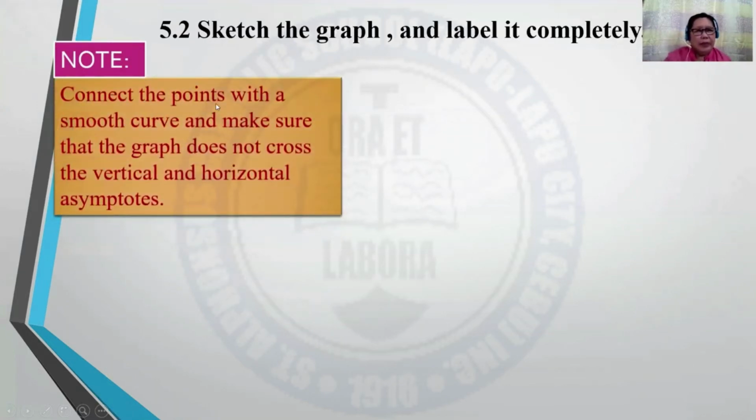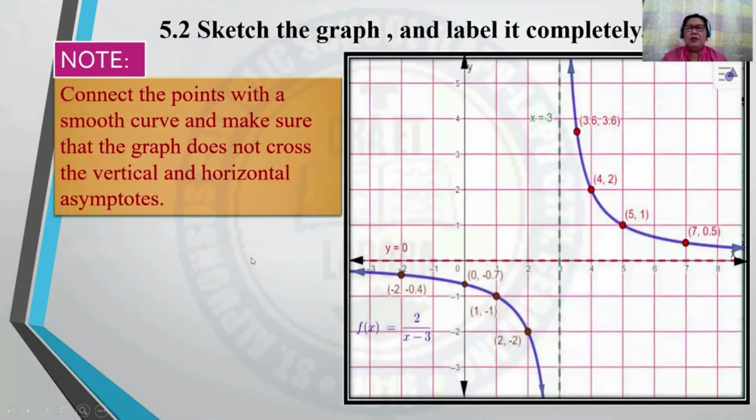Connect the points with a smooth curve and make sure that the graph does not cross the vertical and the horizontal asymptotes. So it would be like this. Connect. Then you have there connect. And it will never cross the horizontal asymptote y is equal to 0.